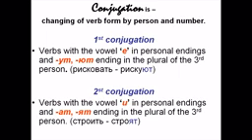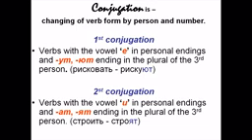There's another grammatical category that we have to cover here, and that's conjugation. Now, conjugation is changing of the verb form by person and number. There's two of them in Russian. Now, the first conjugation has vowel е in the personal endings and ут, ют endings in the plural of the third person.